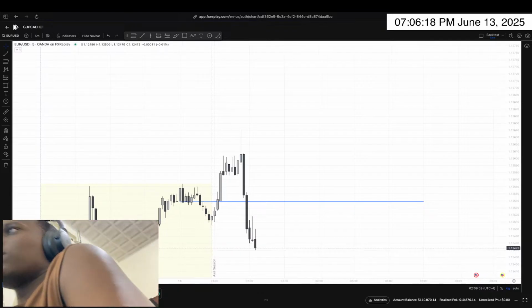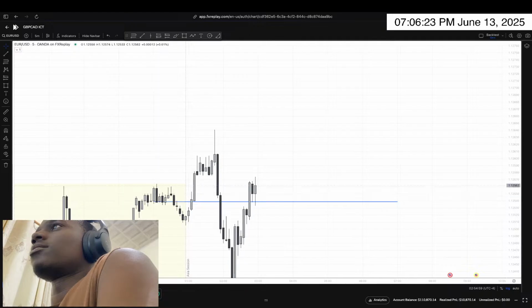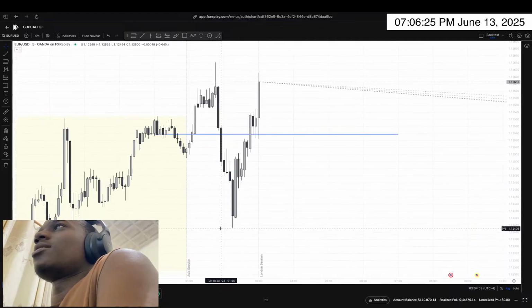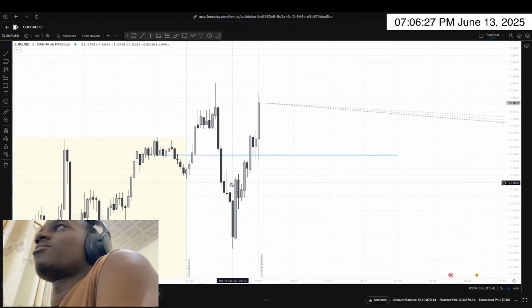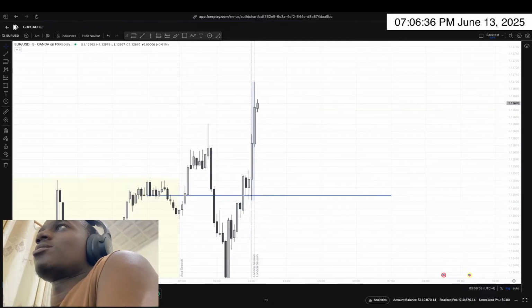Okay, so London is about to start. This is how the day starts. We push high, we drop, then London starts on this candle. We get a really good push that provides a fair value gap. Now let's go a bit slowly to see if we get a good retracement.